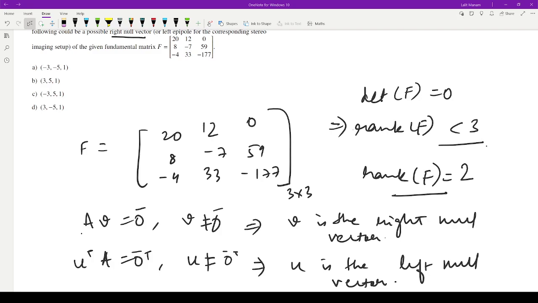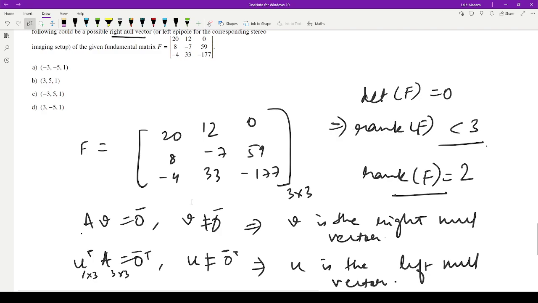Instead of U transpose, it could have also been U, depending on how you define your vector, but here it's 3 cross 3, so you have to have 1 cross 3 out here. By our convention, vectors are column vectors, so we take it as U transpose.